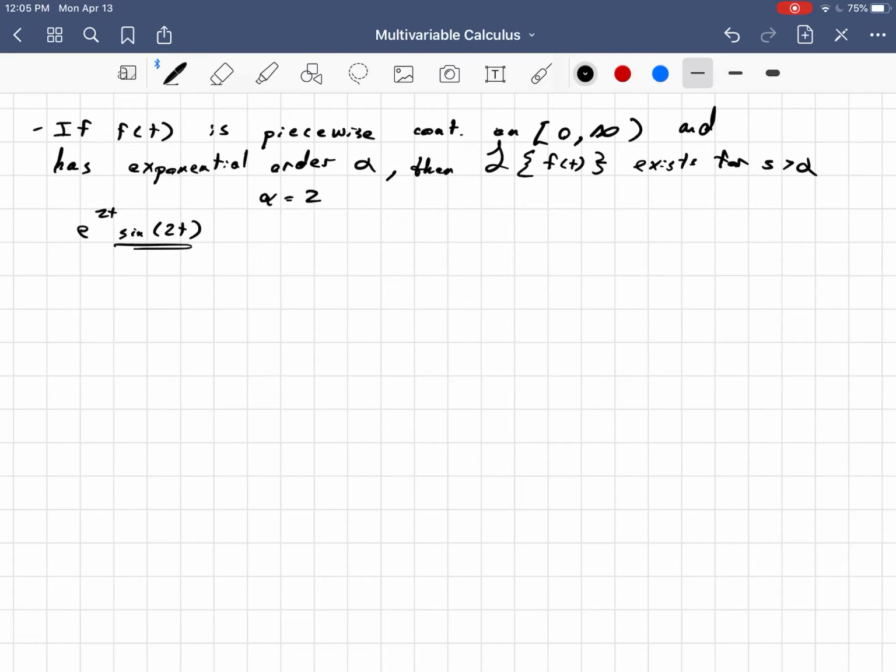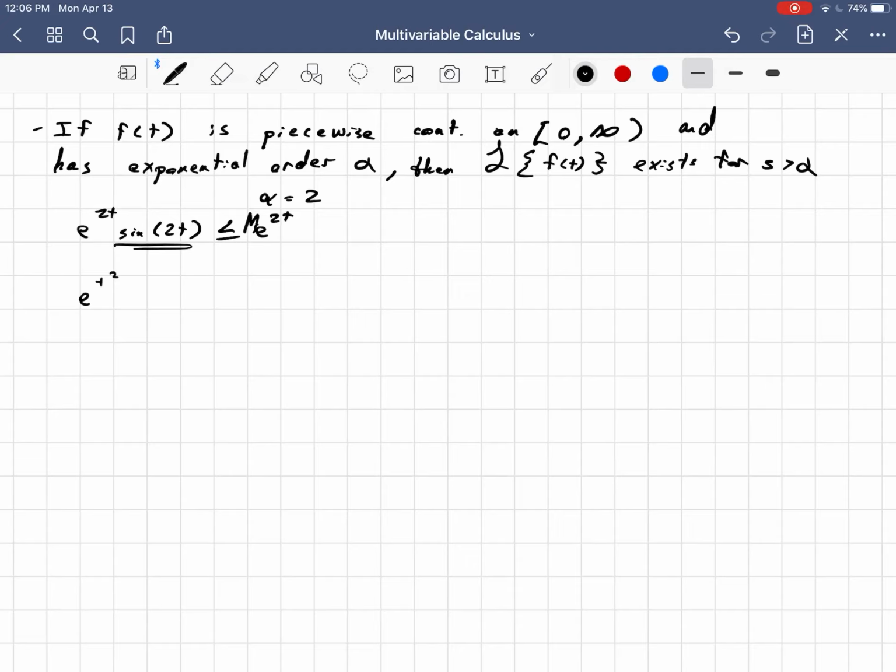This has exponential order alpha equal to 2 because the function sine of 2t is at most 1. So this whole function is at most e to the 2t, so we can say that it is at most e to the 2t times some constant. They use the letter m as the constant there. So that's what we mean by exponential order.